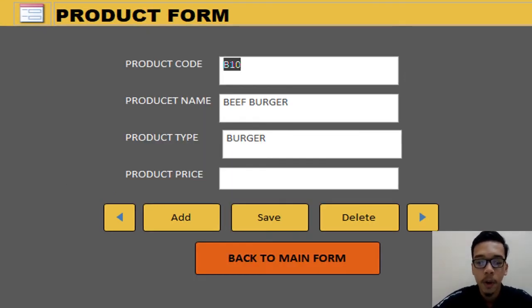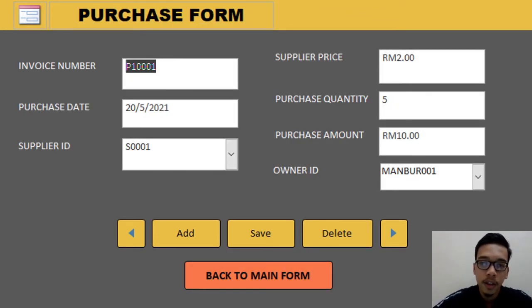And this is the product form, where we record the product and the sales of the product and the buying stock. And this is the purchase form, where we record the purchase from the supplier to restock the inventory.